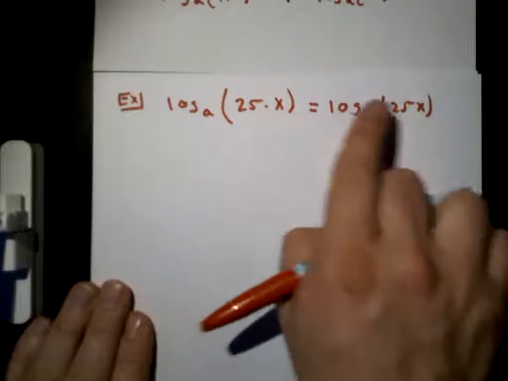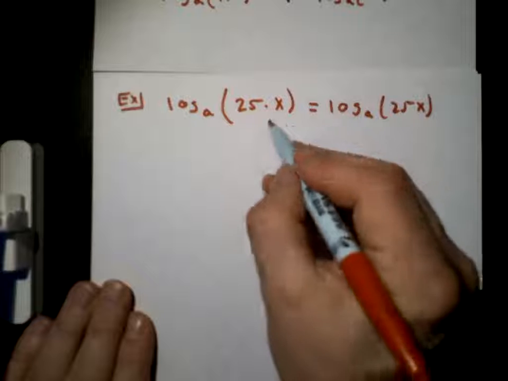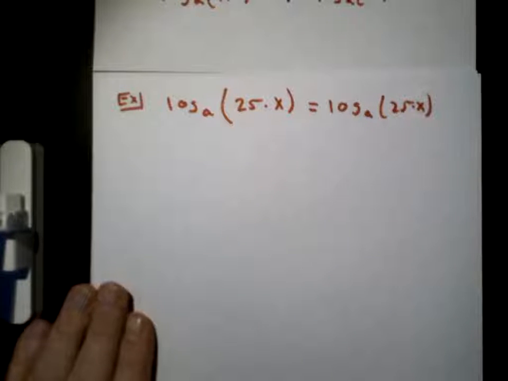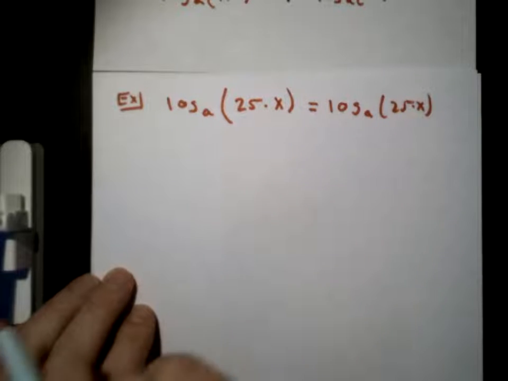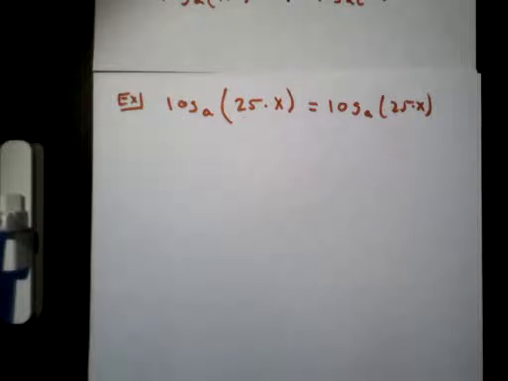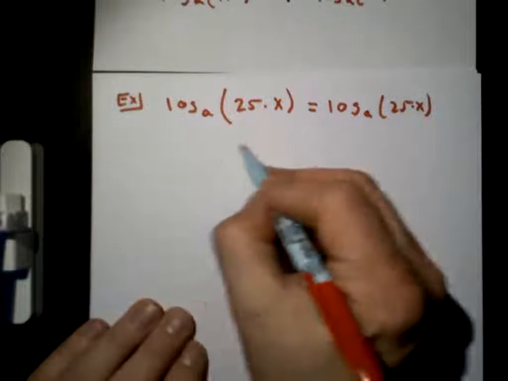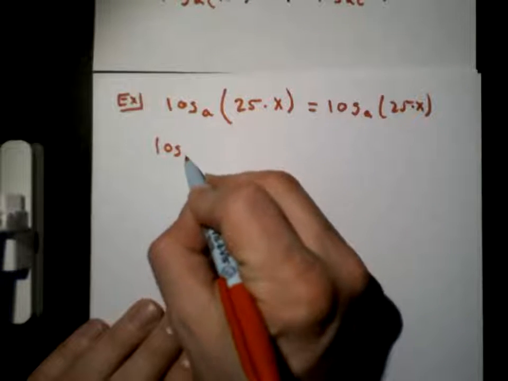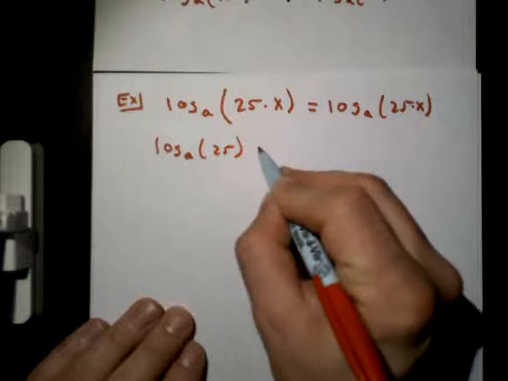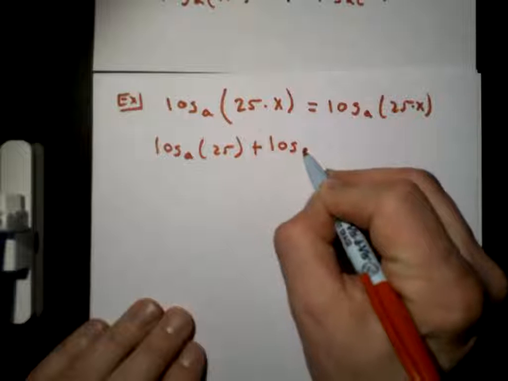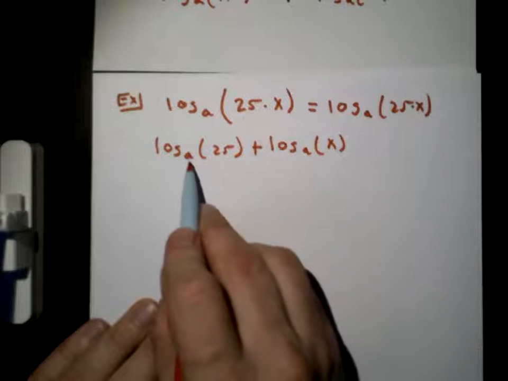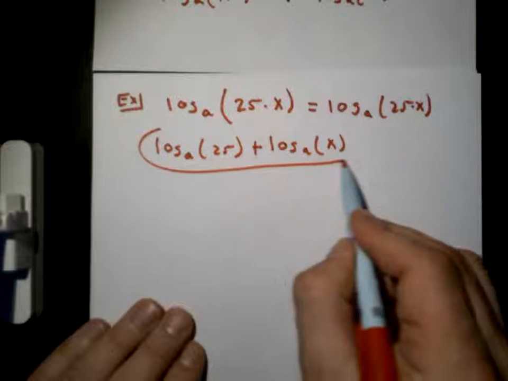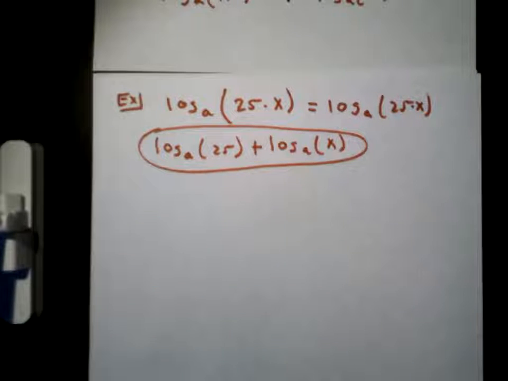There is a multiplication right in the middle. When you see a number times a variable, it's a multiplication. So we can use the product property and rewrite this as log base a of 25 plus log base a of x. We can't really do anything else here because we don't know what a is, so we just leave it like that.